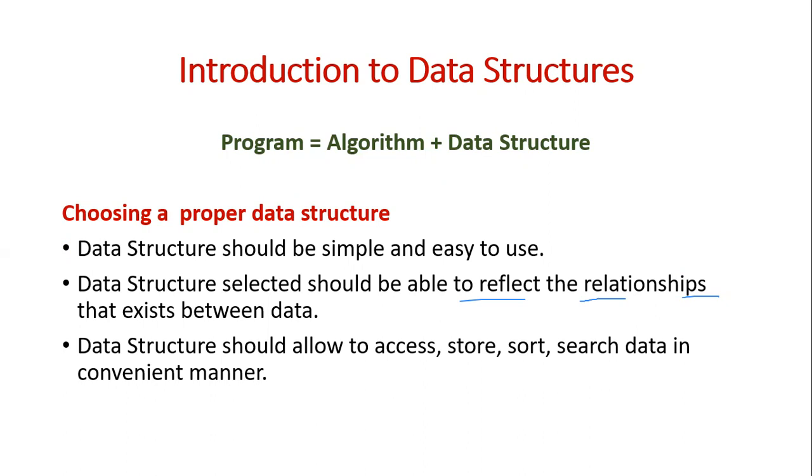Whatever relationship exists between the data in the real world should be reflected in the chosen data structure. Even if it is not reflecting 100 percent, to a major extent it should be reflecting, so that this data structure will help to solve the given problem in an effective way.